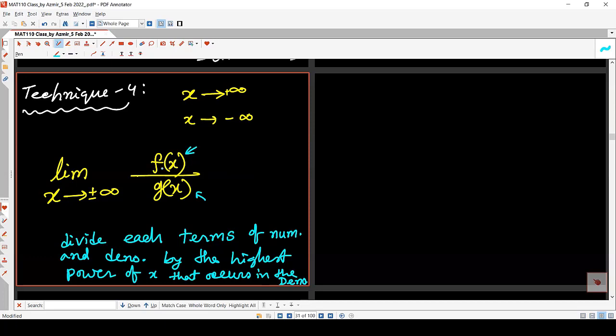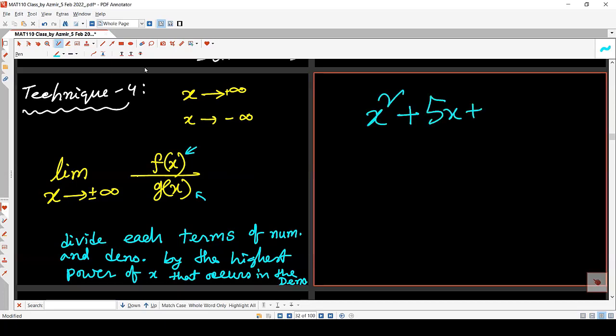So suppose f of x has 3 terms. All these 3 terms should be divided by the highest power of x that occurs in the denominator. So what do we mean by highest power? Suppose we have x squared plus 5x plus 6. Here x has power 2, x has power 1.